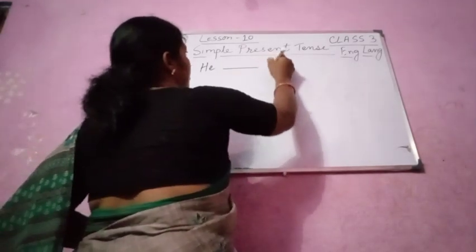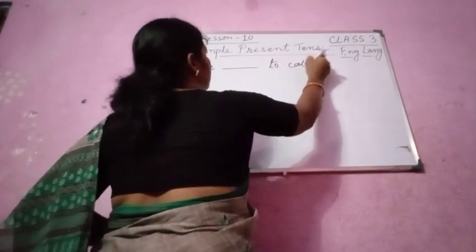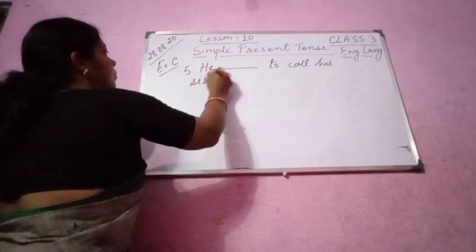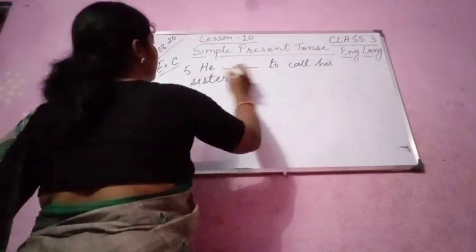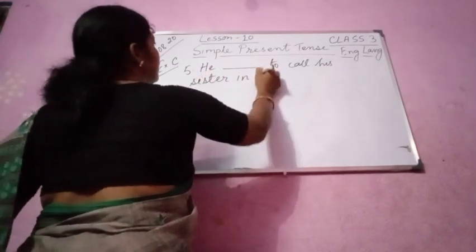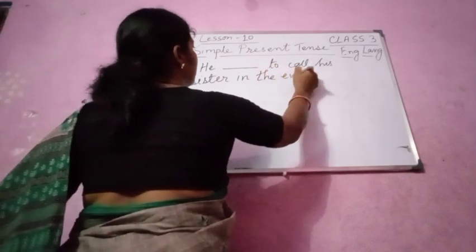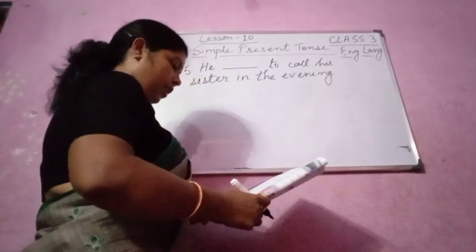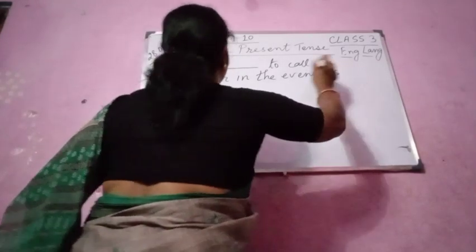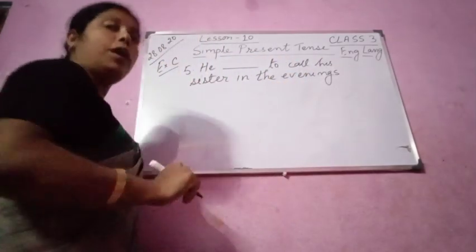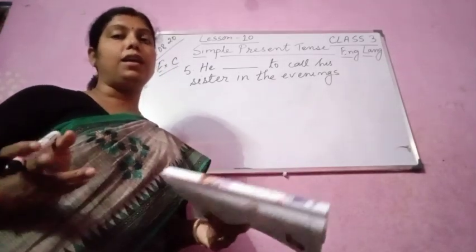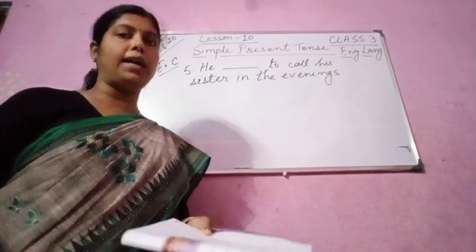He dash to call his sister in the evenings. The verb which is given here is try. Okay, T-R-Y, try. Again, it is ending with Y, so we are going to add I-E-S.